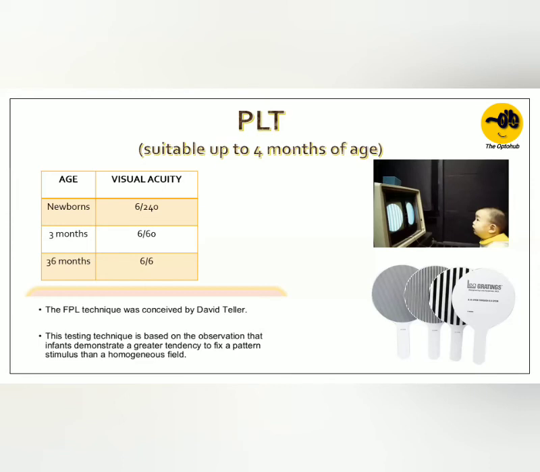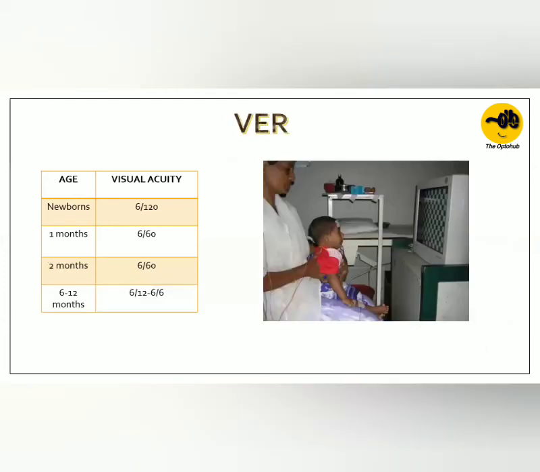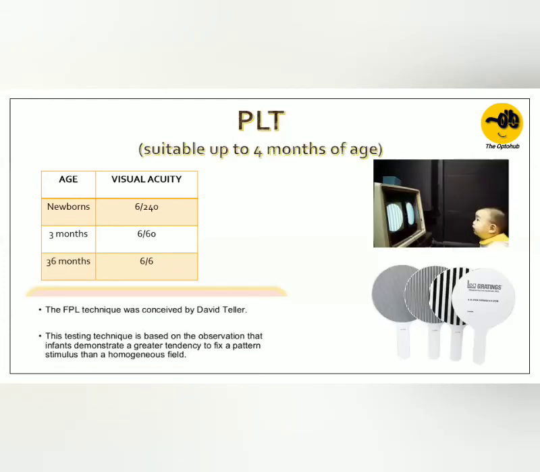So these two stimuli are alternated randomly, and the preferential looking test is suitable up to 4 months of age. ठीक है, और इसमें जो न्यूबॉर्न्स में विजुअल एक्विटी that is measured is 6 by 240. For 3 months it's 6 by 60, and for 36 months it is 6 by 6.